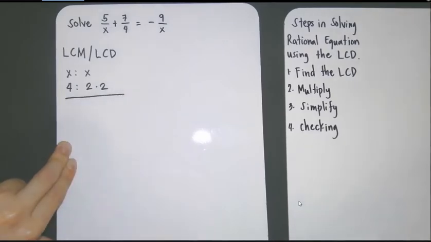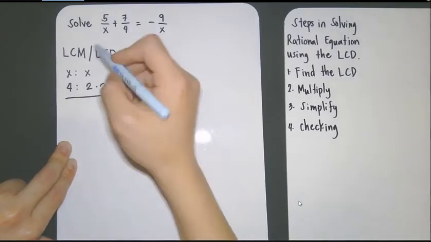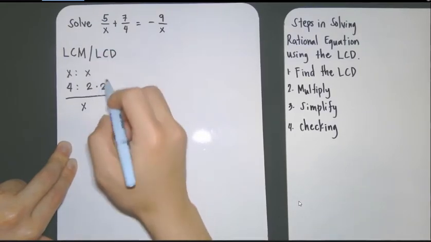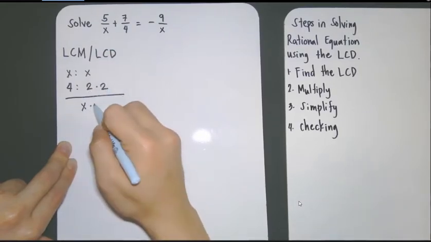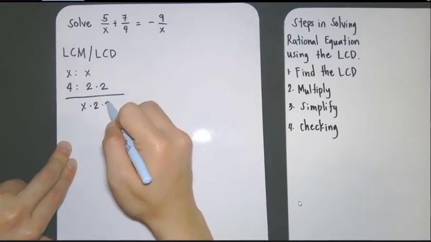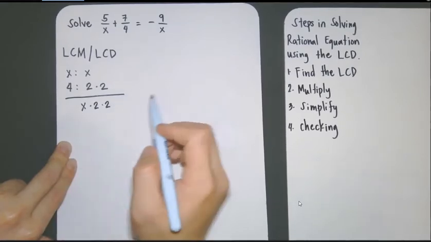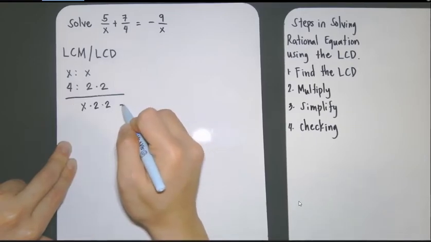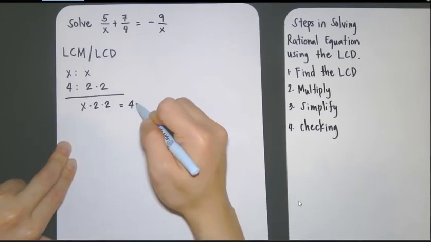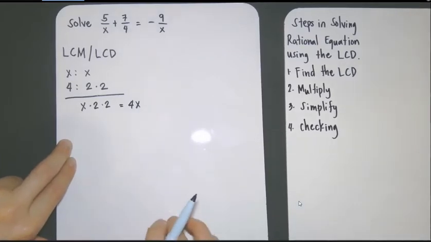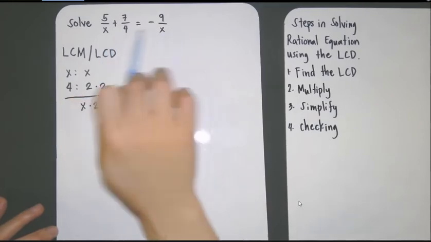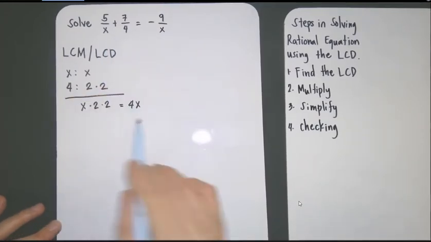Using the stick method, x we bring down, then 2, bring that down, and then 2, bring that down. So the LCM, or LCD, of x and 4 is 4x.